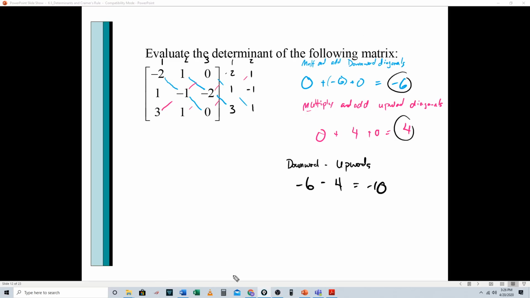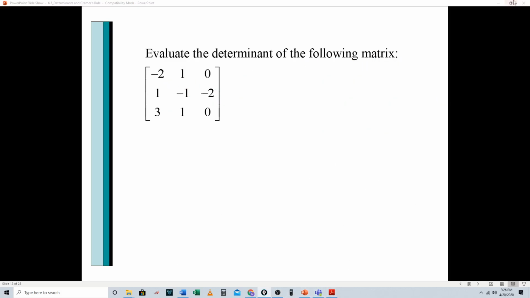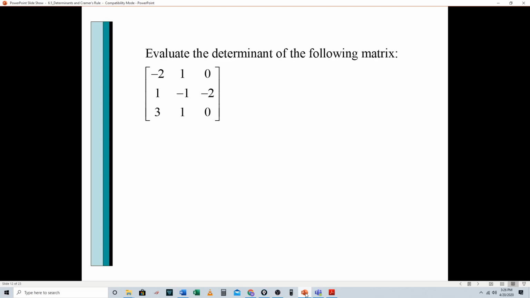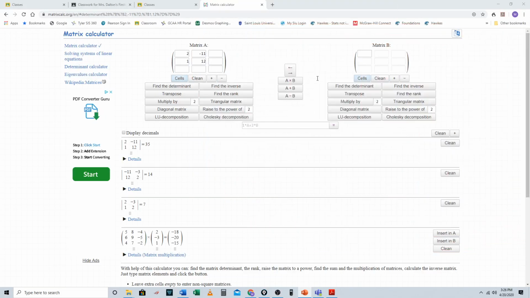So let's set this up on the matrix calculator. Show you how much easier that is. So I should get negative 10. That's correct.